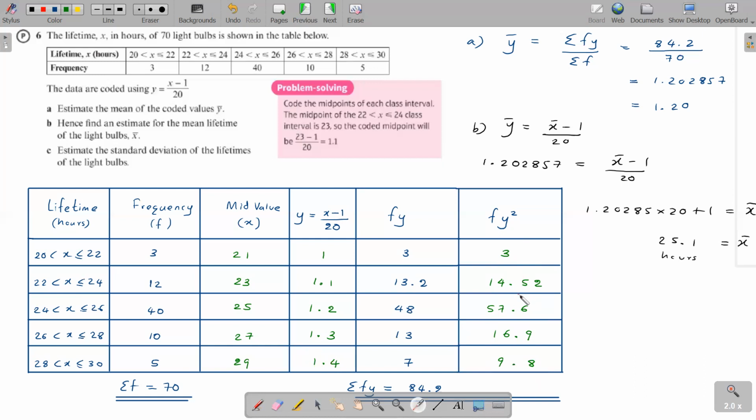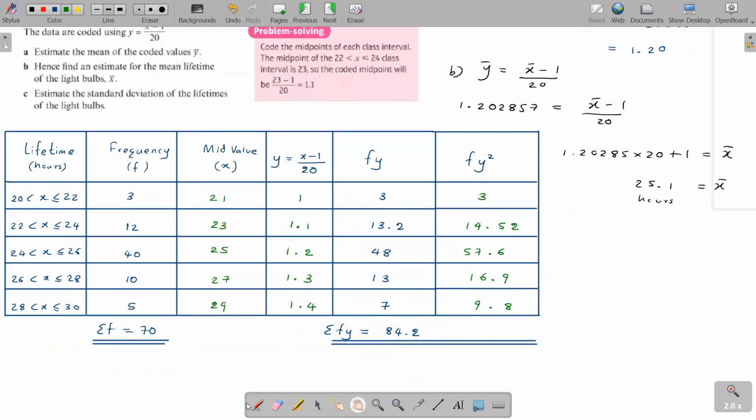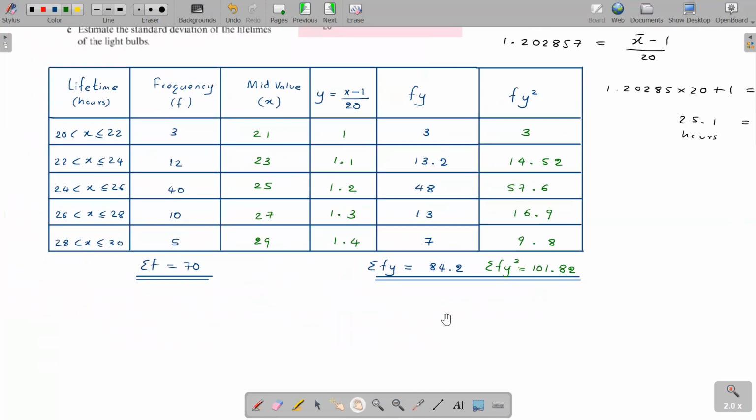3 plus 14.52 plus 57.6 plus 16.9 plus 9.8. What do you get? 101.82. This is sigma Fy squared, 101.82. All right, so it's time to find the standard deviation. Part C, standard deviation. Actually, we are finding sigma y, right?